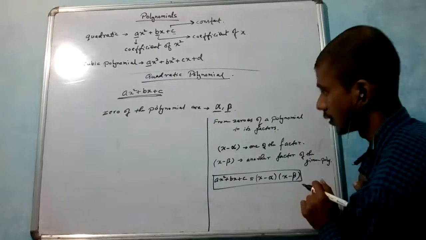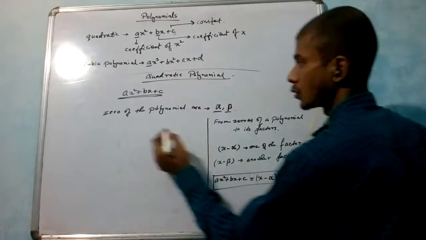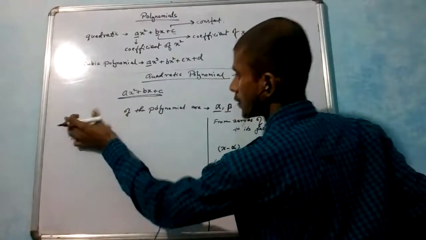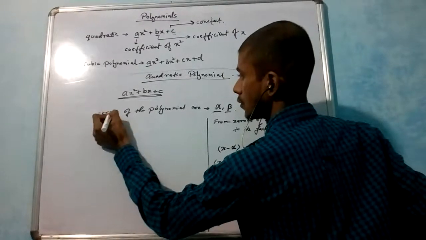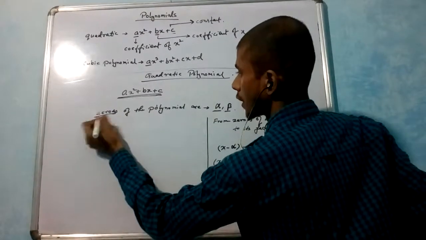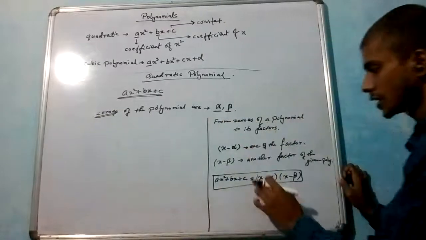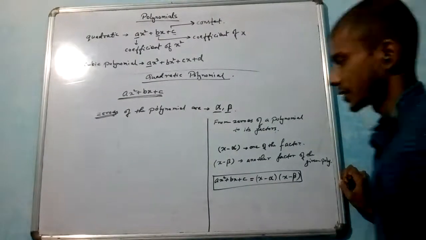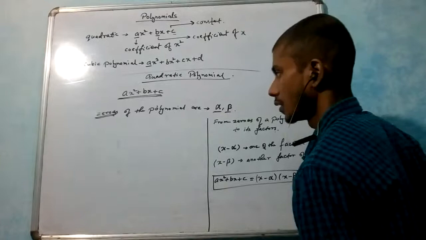No, okay, fine. Now what I told, from the zeros, these are the two zeros, we can get two things. What? One is the factor.